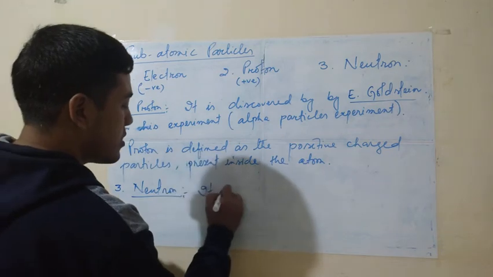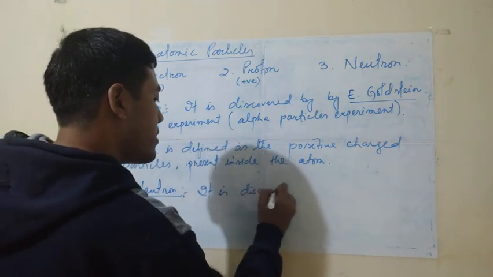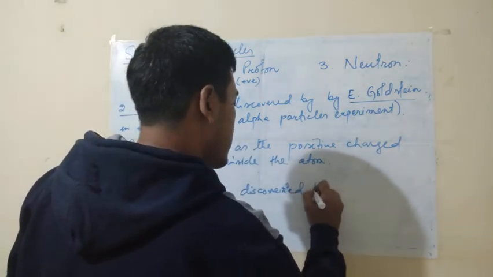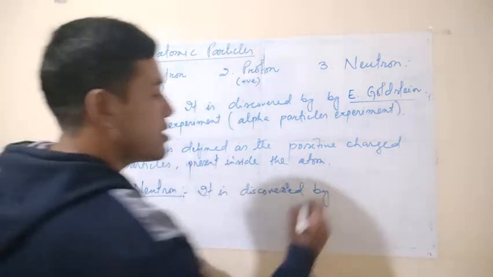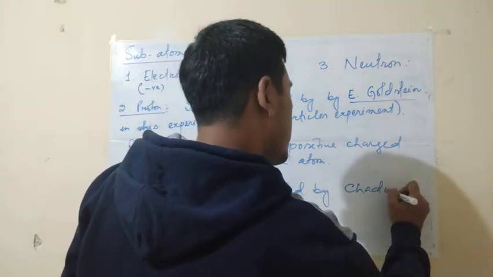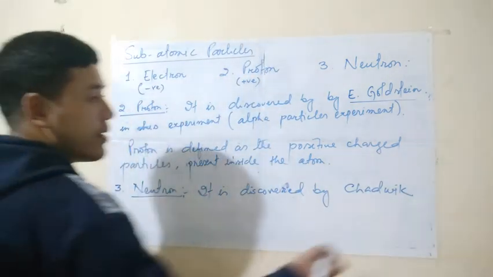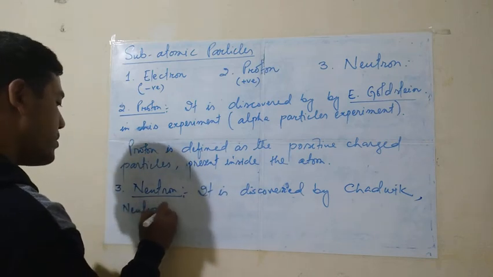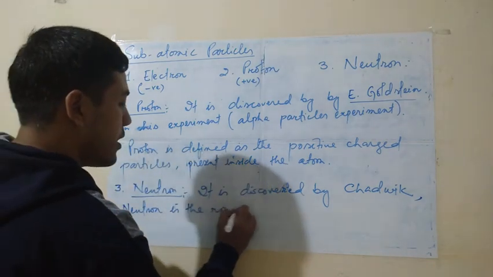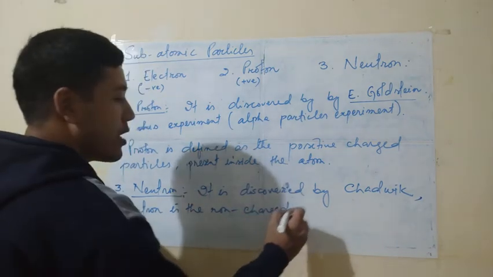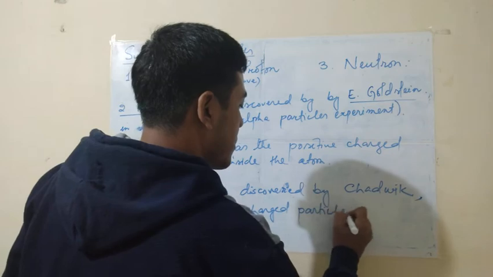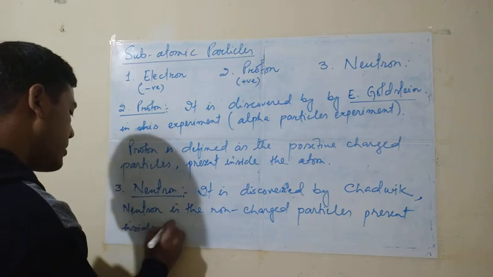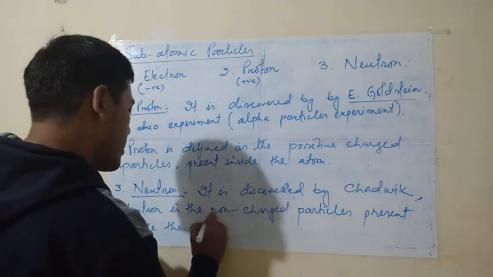Neutron is discovered by Chadwick. This neutron is a non-charged particle present inside the atom.